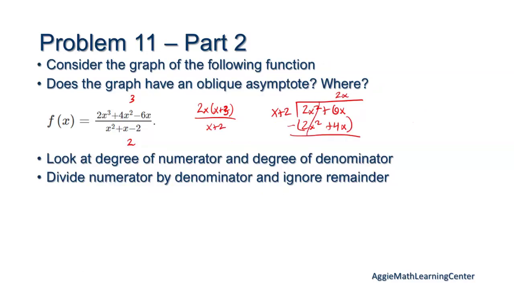Those subtract to 0. 6x minus 4x is 2x, and then we have plus 2, and then we can do 2x plus 4, and then we have 4, right? Minus 4. And we have a remainder here of 4 divided by x plus 2, but we can ignore that remainder, and we have an oblique asymptote at y equals 2x plus 2.